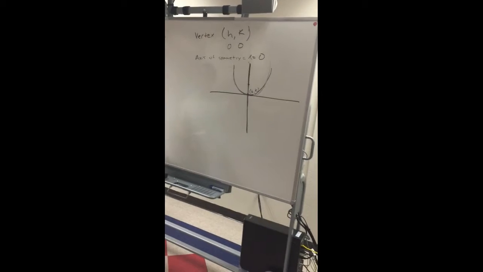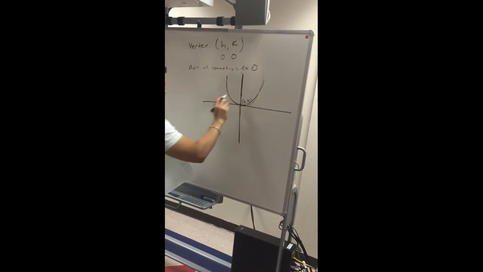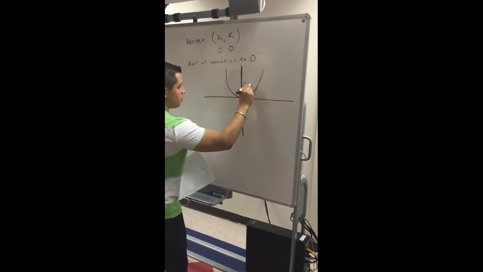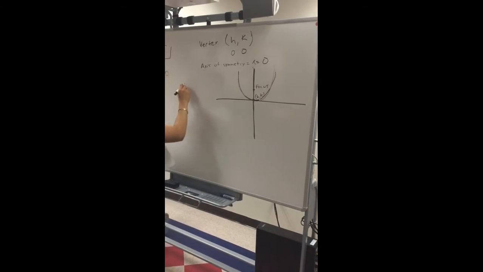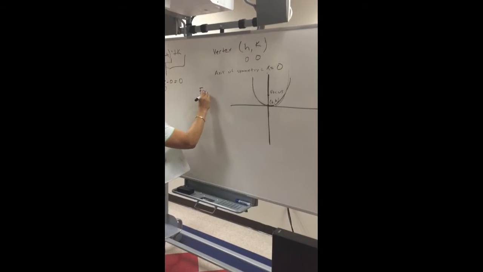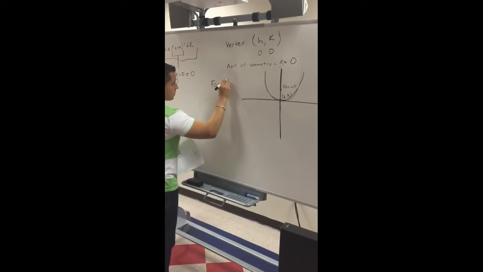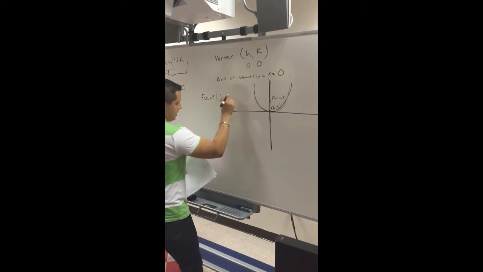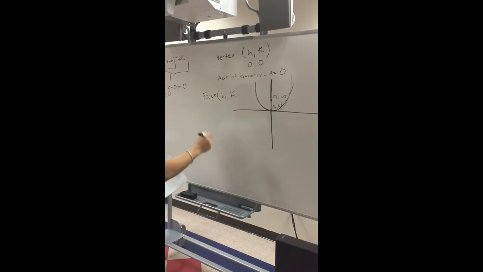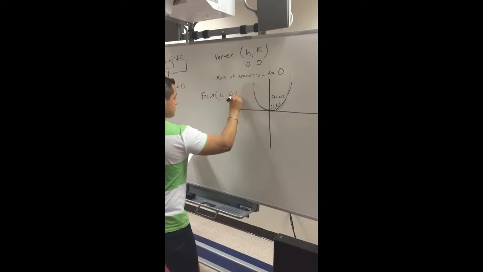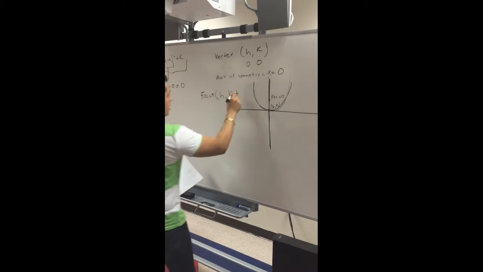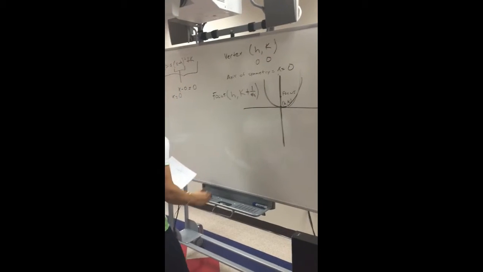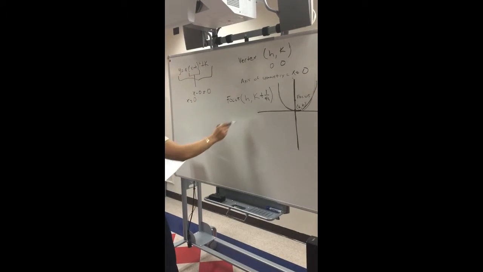So for the focus, this is what we're going to do. For the focus, we're going to have (h, k plus 1 over 4a). The a, we're going to get from here.